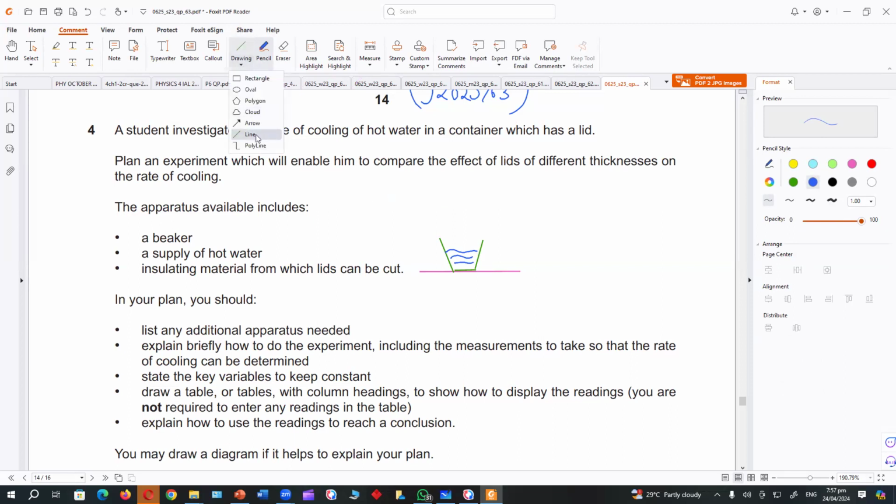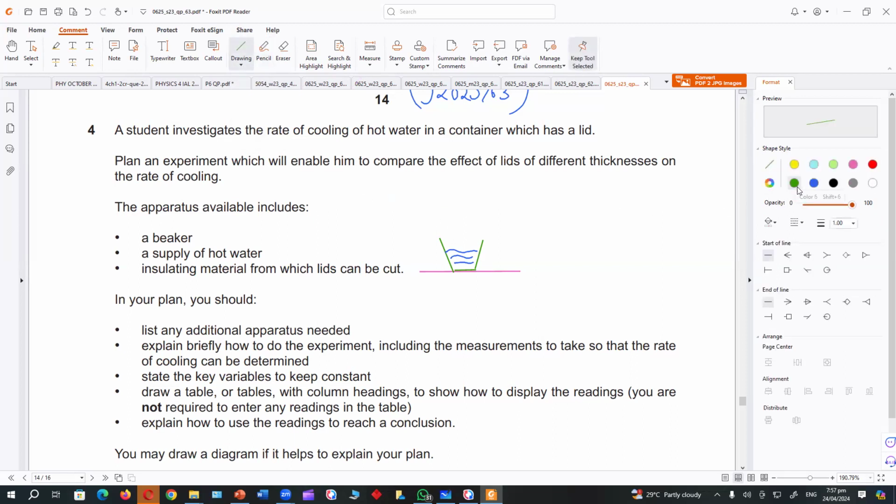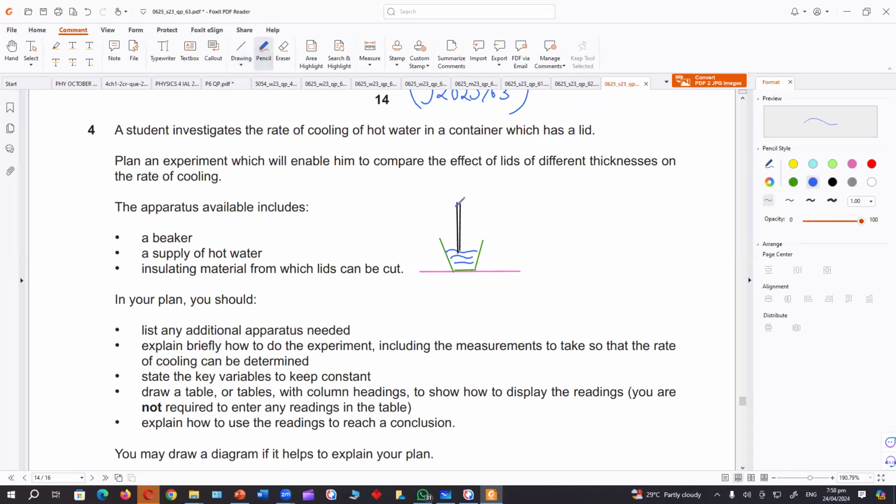I will insert a thermometer in it, and we have to make a small hole in the lid so that our thermometer can pass through it. Now this is the apparatus, and then this is my lid.